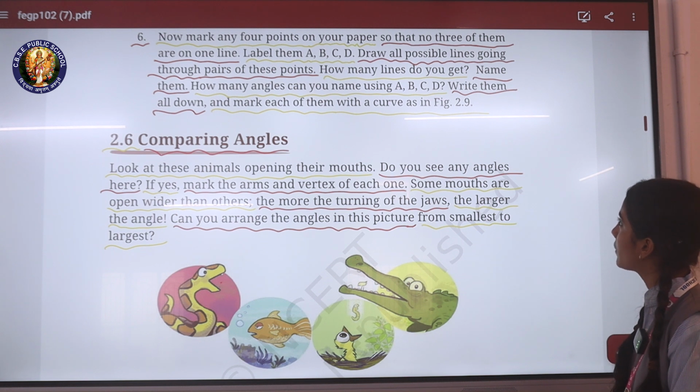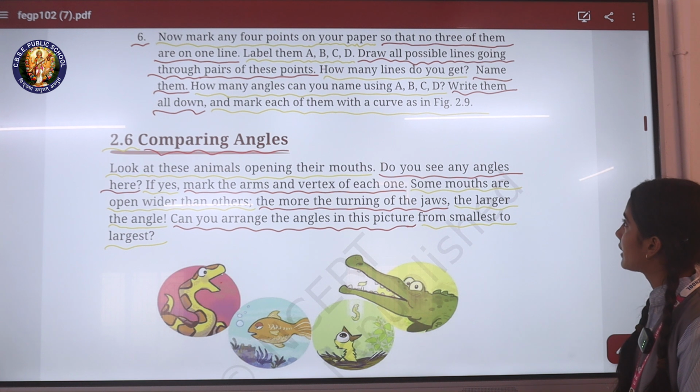How many lines do you get? Name them. How many angles can you name using A, B, C, D? Write them all down, and mark each of them with a curve as in figure 2.9.